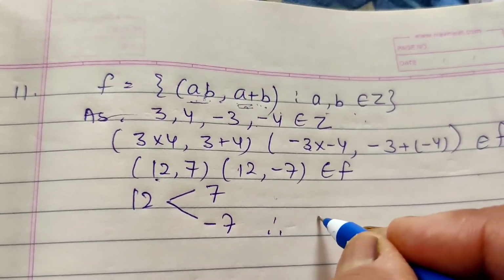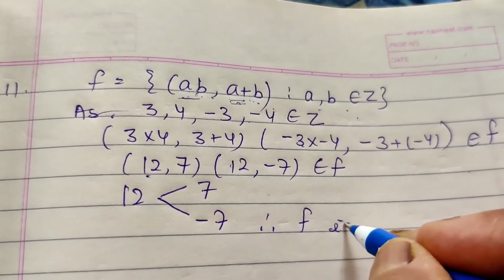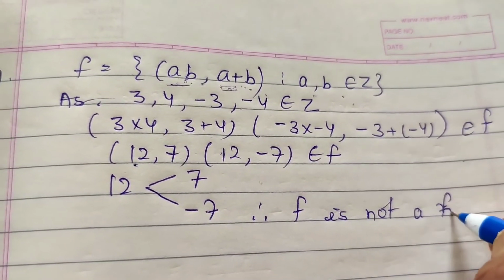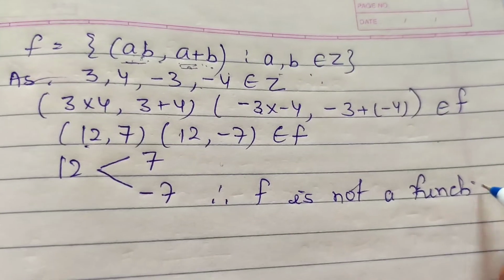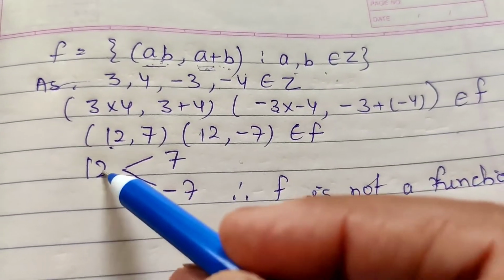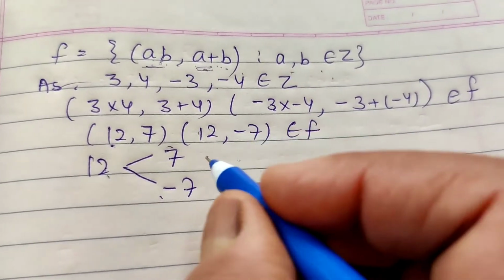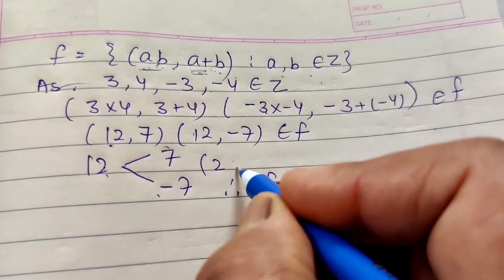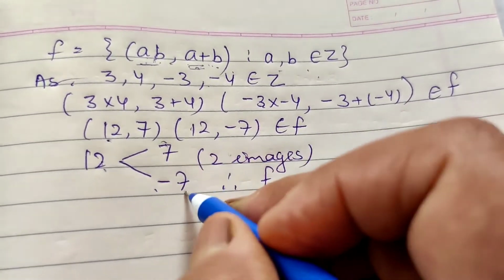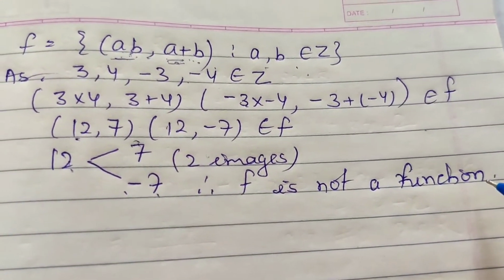For a function, each element has a unique image. The same element 12 has two images, 7 and minus 7. Therefore, it is not a function.